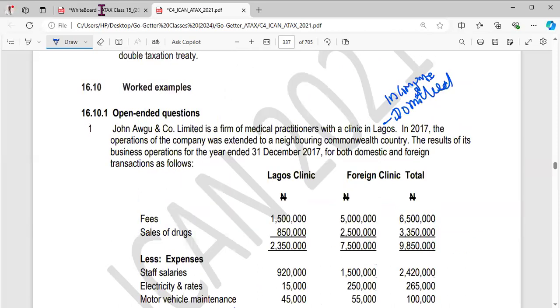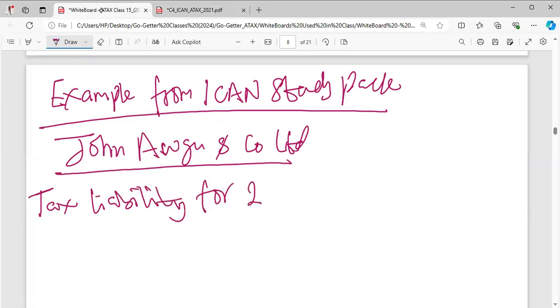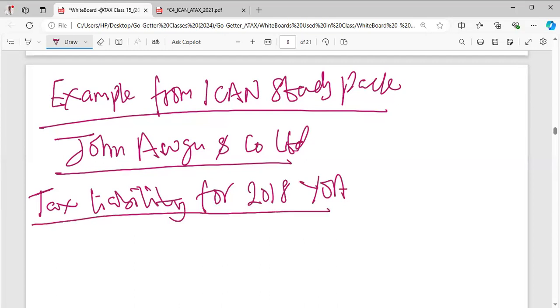So we say tax liability for 2018 year of assessment. All right, so let's start.